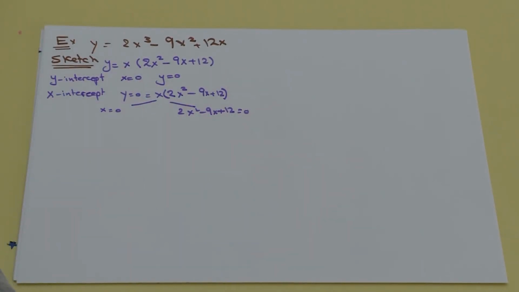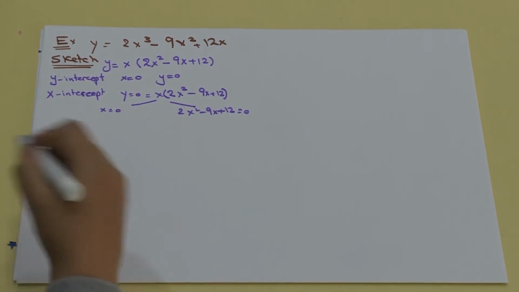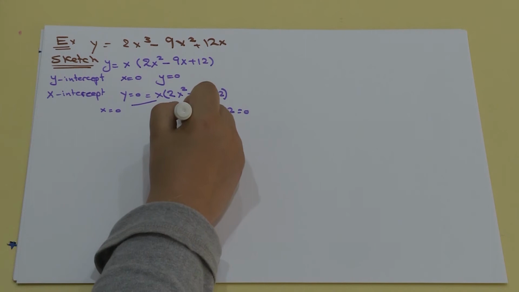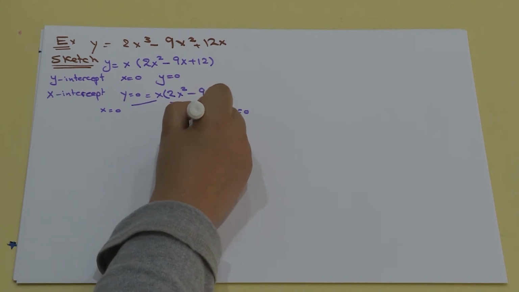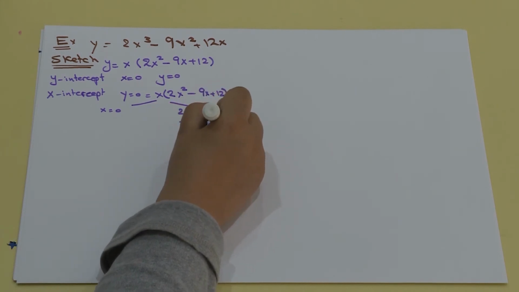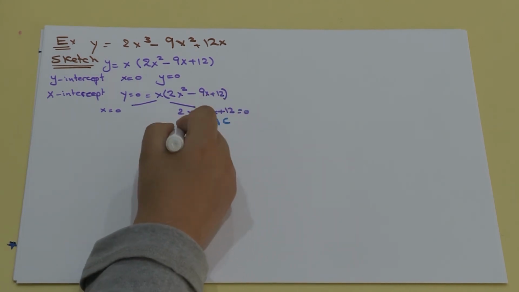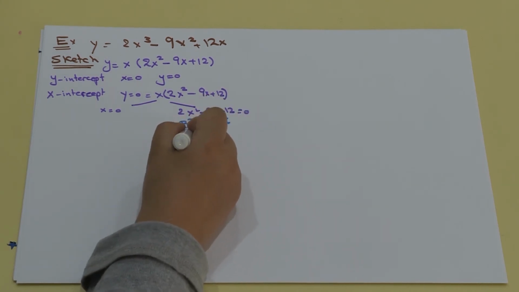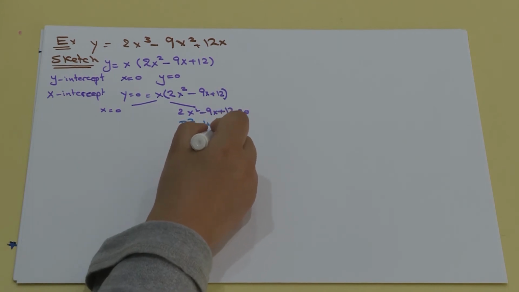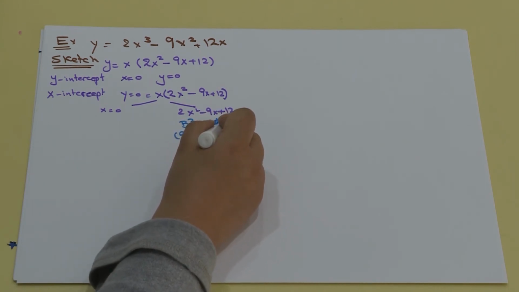If we look at this and recall that in the pre-calculus course, we used to find the discriminant, which is b squared minus 4ac. Now, b squared is 9 squared minus 4, a is 2, c is 12.